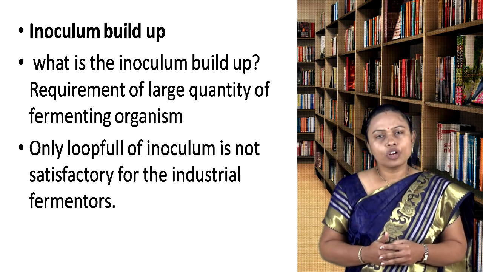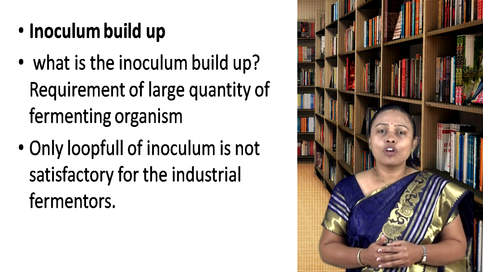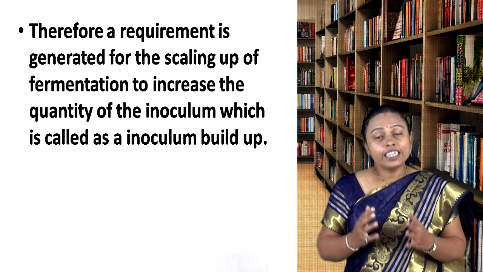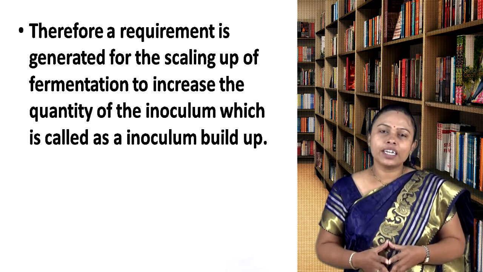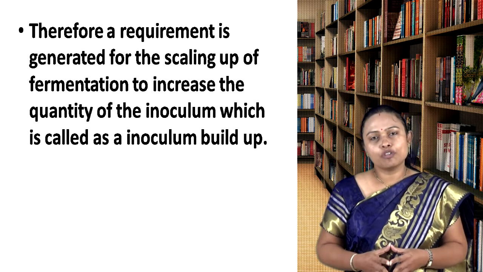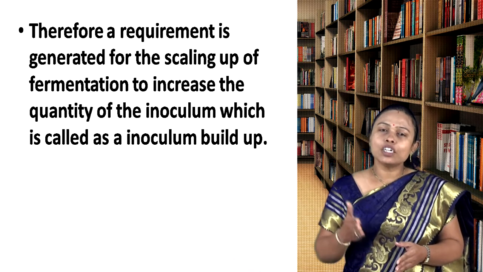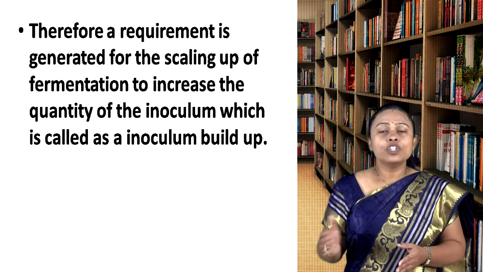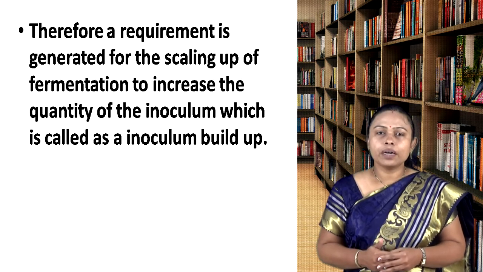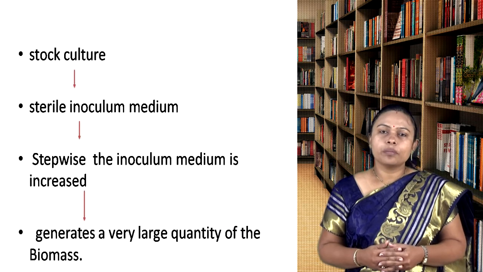Only a loopful of inoculum is not satisfactory for industrial fermenters. Therefore, a requirement is generated for the scaling up of fermentation to increase the quantity of inoculum, which is called inoculum buildup.